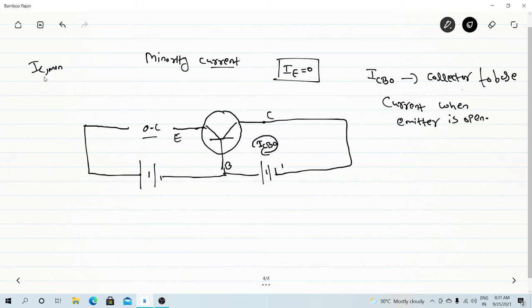This is minority current. Okay, this is basically output current. That's why we are making this input current open circuit such that the input current becomes 0. So this is ICBO.